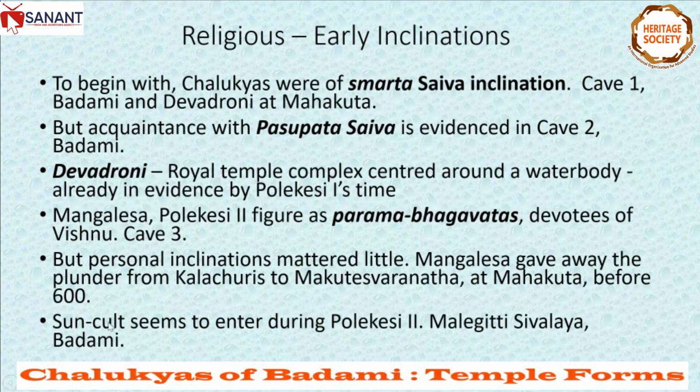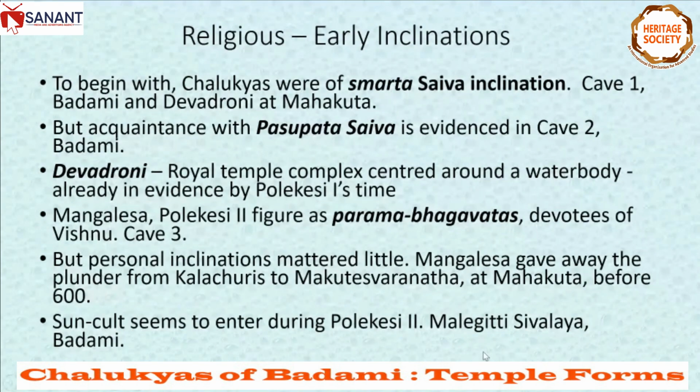And the sun cult seems to enter the Chalukya region during the reign of Pulikeshi II. Interestingly, you will notice, for example, the Malagiti Shivalaya, which may be attributed to Pulikeshi II's reign, is a sun temple. And we have later on many other sun temples, particularly in Aihole.